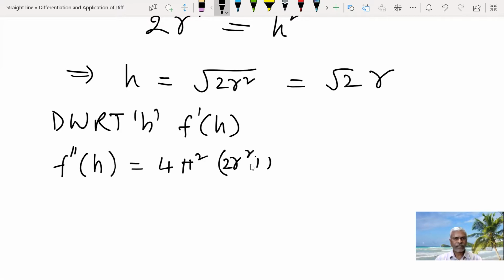Differentiation of h is 1. Differentiation of h cube is 3h square.